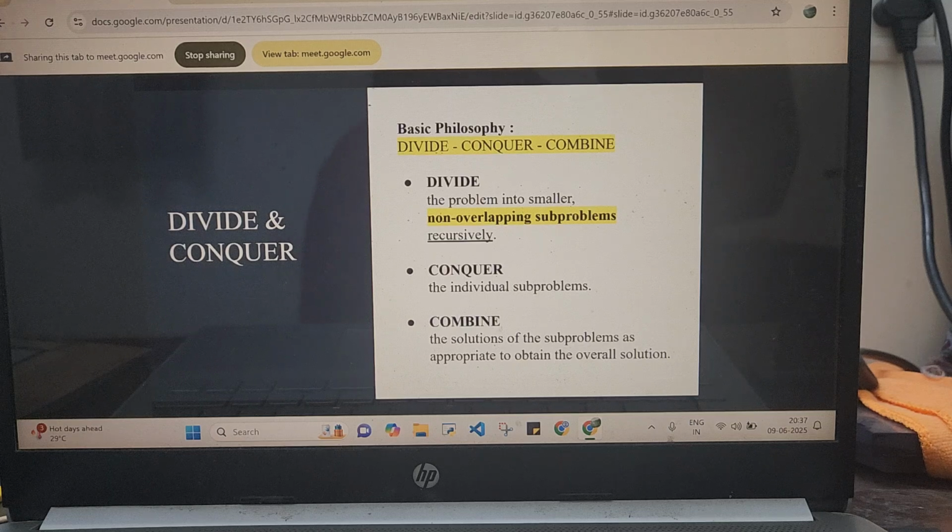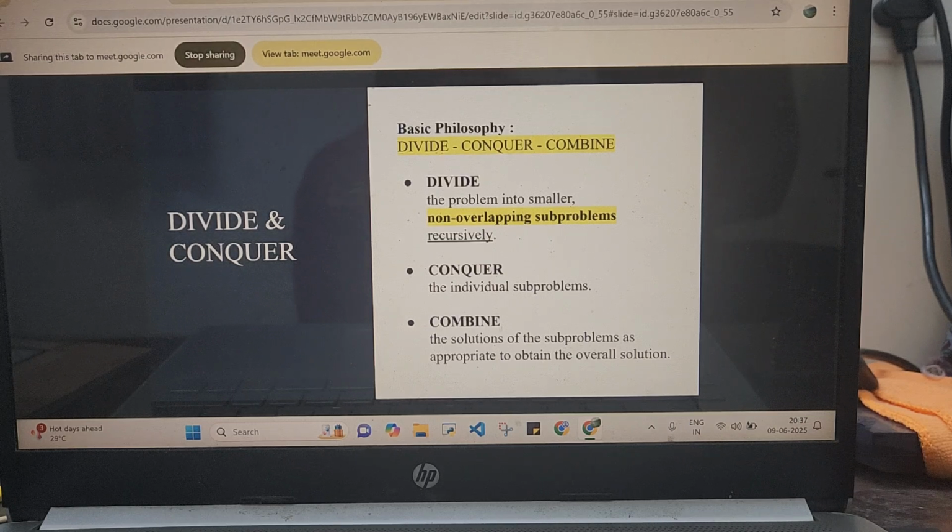Now to contrast this, I will give you the example of computing, let's say, the factorial of a number. If you want to compute 5 factorial, you need 4 factorial, and for 4 factorial you need 3 factorial, and so on. So now you can say the sub-problem is of the same nature, but it is not independent of another sub-problem.